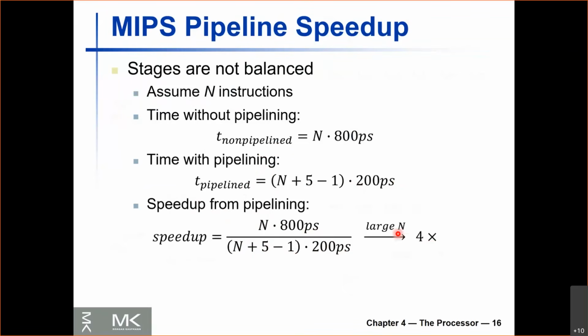So when n is very large, applying pipelining to our data path gives us a 4x speedup. Even though we have 5 stages, we just have a 4x speedup, but still 4x is a very good speedup that we get from an optimization like pipelining.